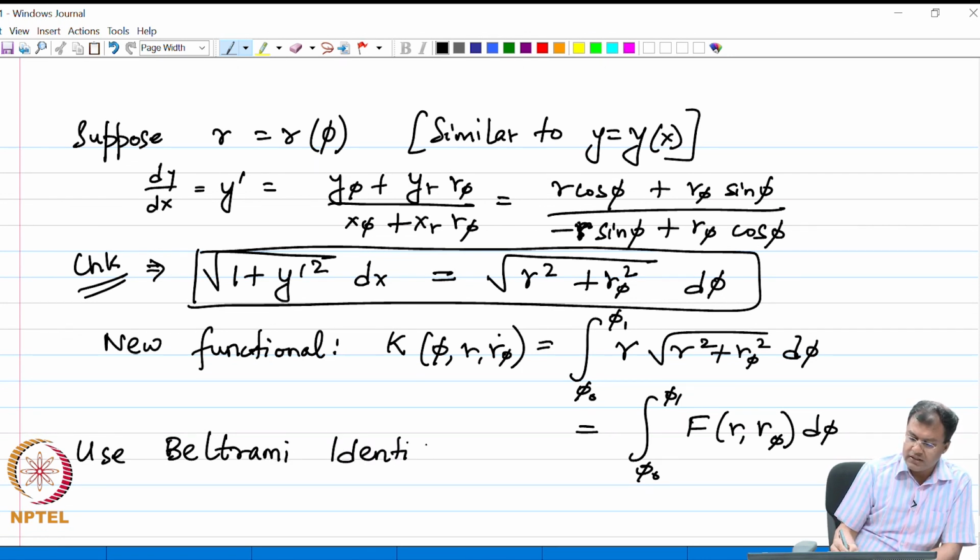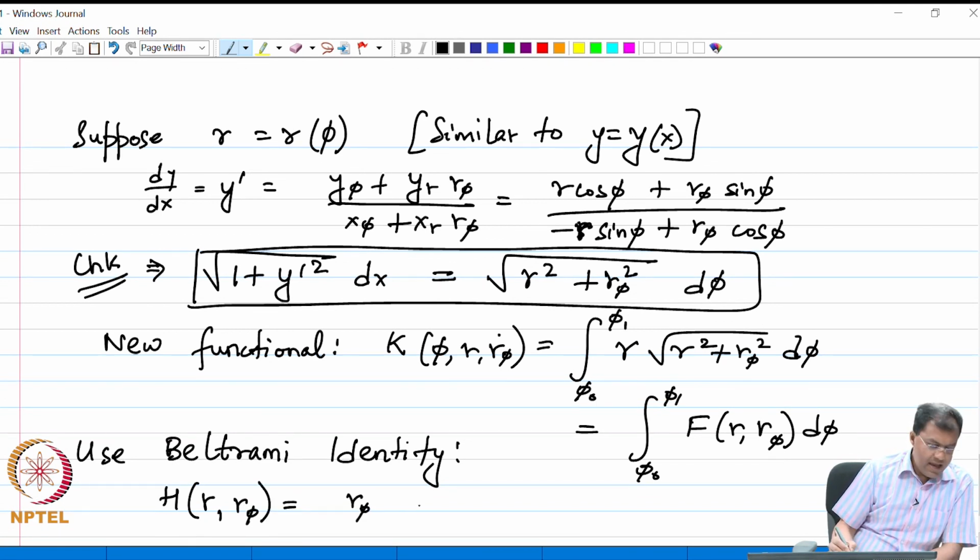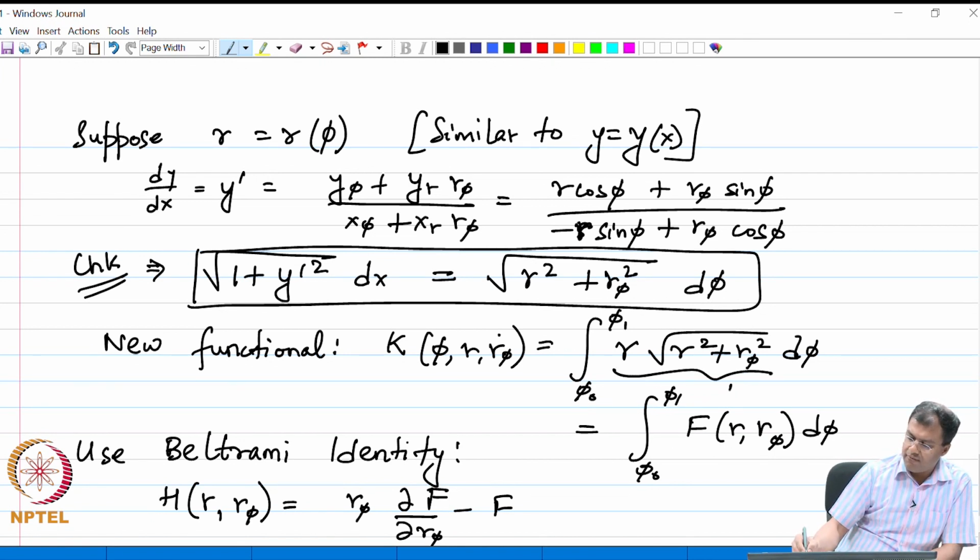ordinary differential equation. Okay. So, my Beltrami identity this time is in terms of r and rφ, which turns out to be rφ ∂f/∂rφ minus f, right. And after plugging in the f, here we have this f.